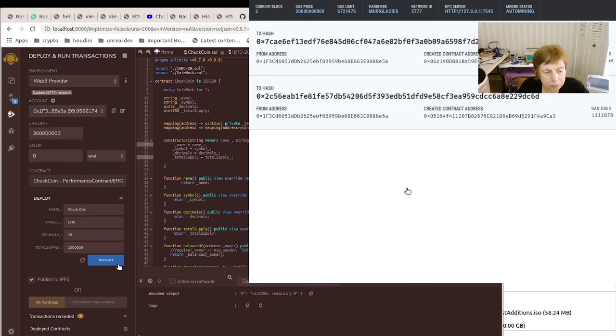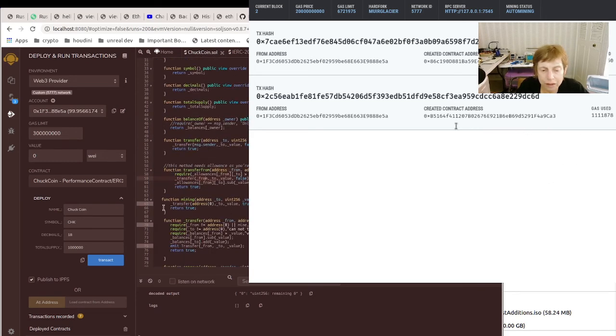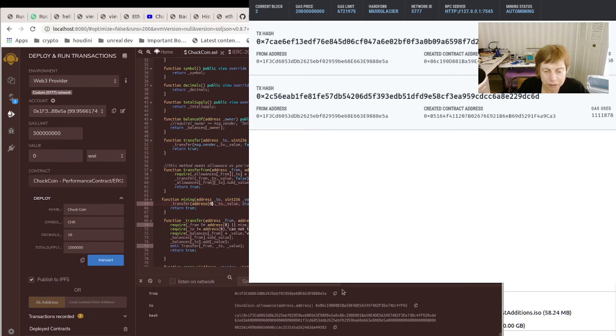Well, we know it compiles, we know it deploys, we know most of the methods work. So the interesting thing that I have to figure out is why is mining not working? And I think it could be the address 0, because, and unfortunately it's not letting me get in here to debug, or maybe it will.